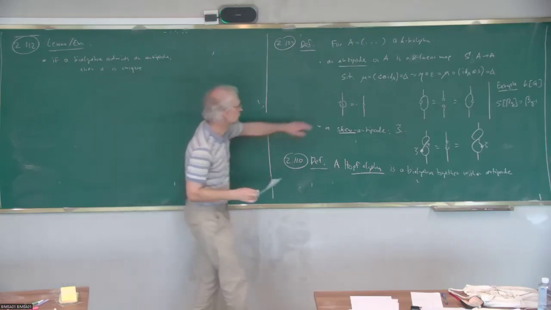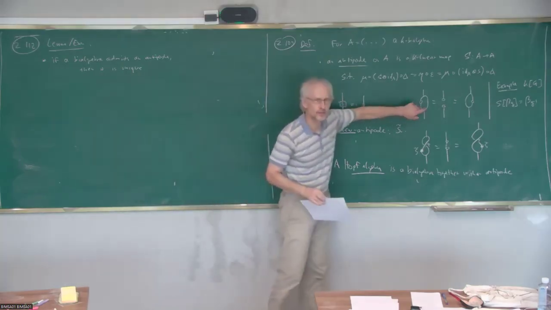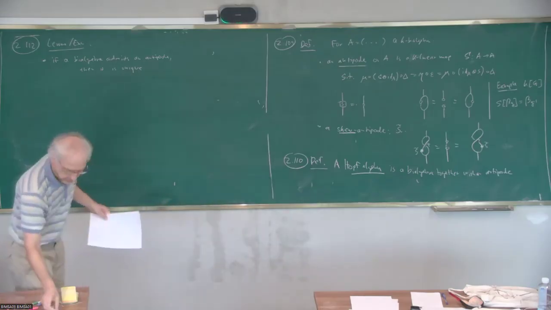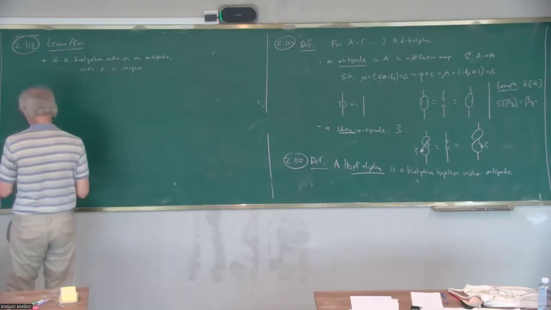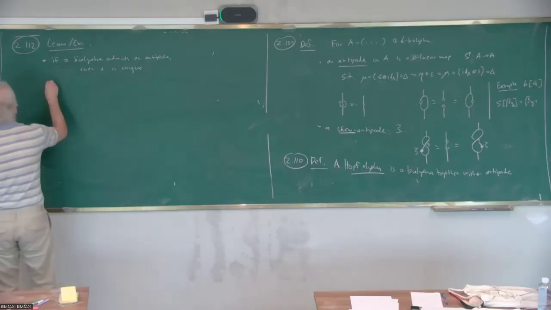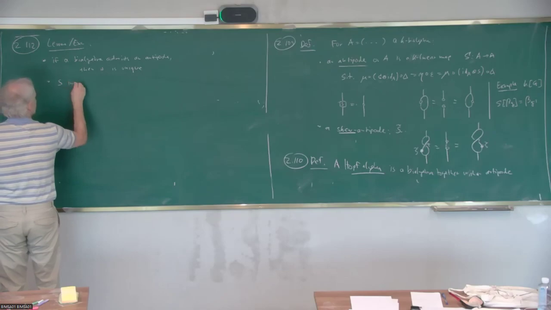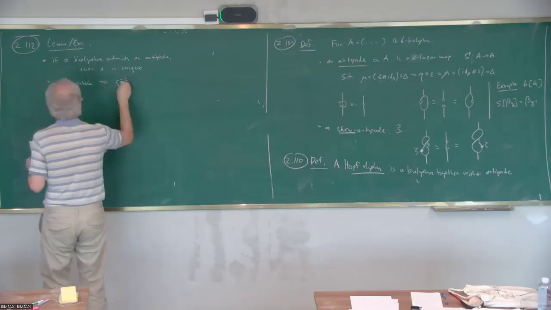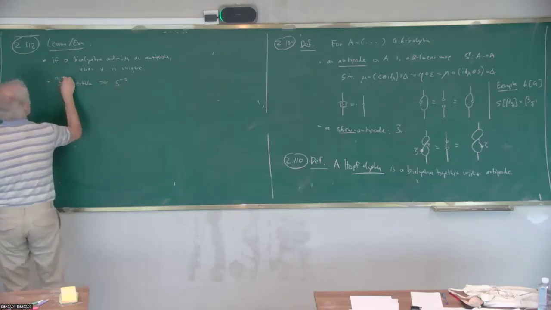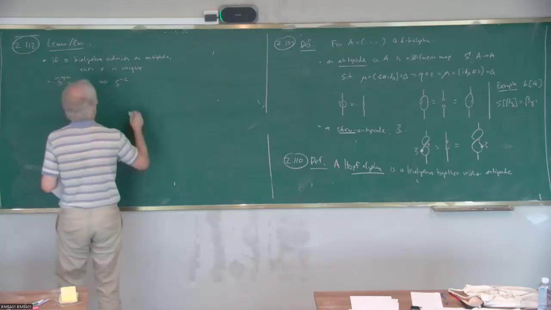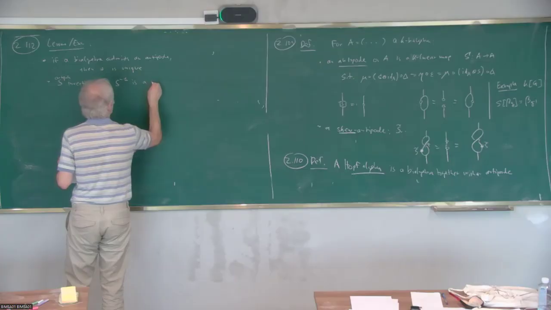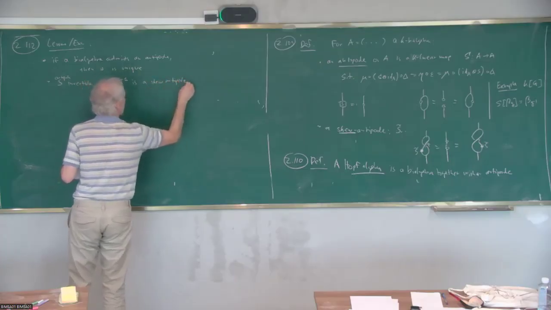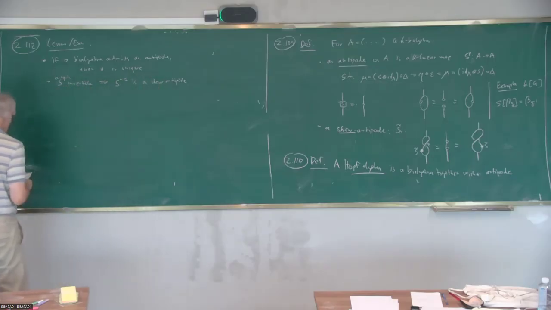Actually, this follows directly from the interpretation of these formulas as being inverses with respect to the convolution product. And then if an antipode S is invertible, which in general it's not, then its inverse is a skew antipode. And also the other way around, of course.